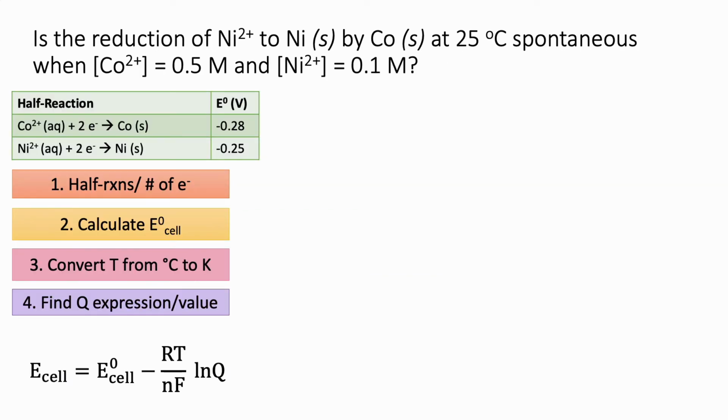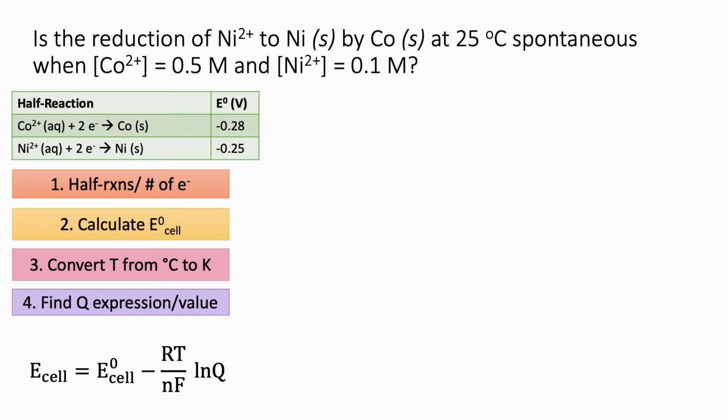So there's a number of different questions that you can use the Nernst equation to answer. Here is one. Here, we're trying to figure out if a reaction is spontaneous under non-standard conditions. Now, if you look at this, the first thing you see is 25 Celsius, and you might say, hey, Robin, that is standard conditions, isn't it?